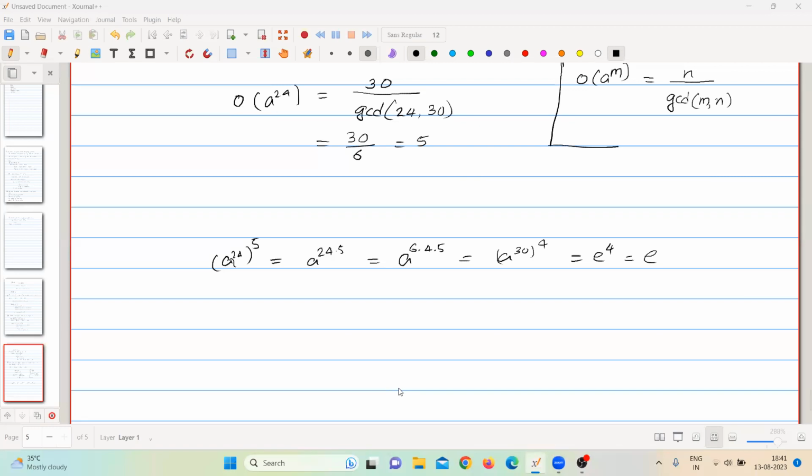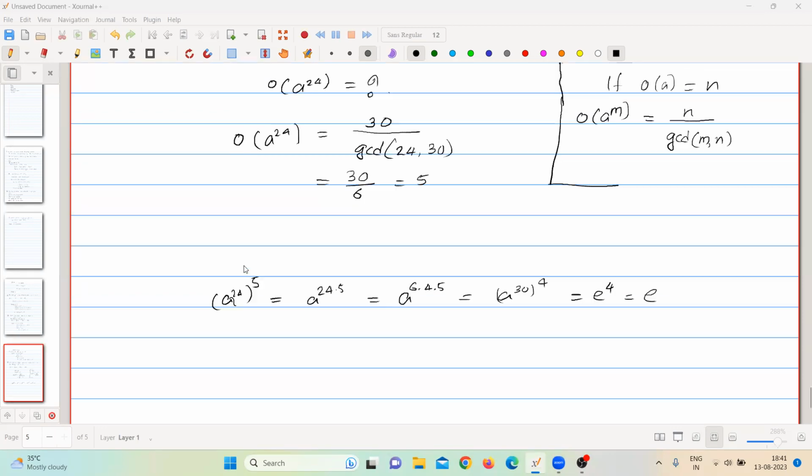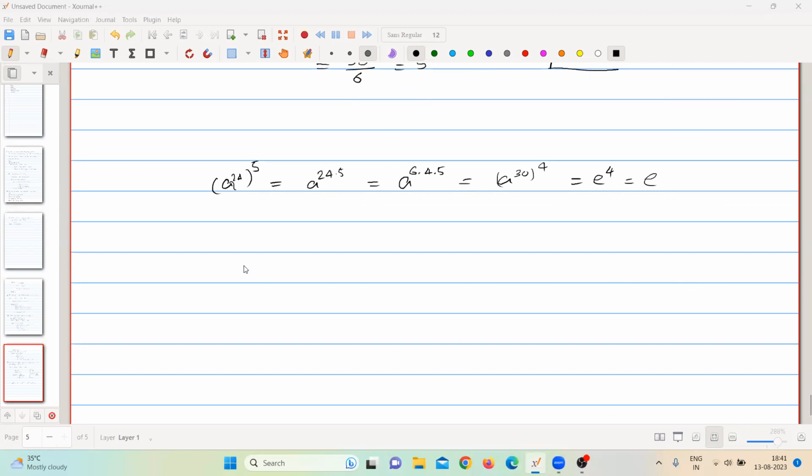Yes, a power 24 equals a power minus 6. Like that also we can find it. Maybe I can explain that also. A power 24 equals a power minus 6.